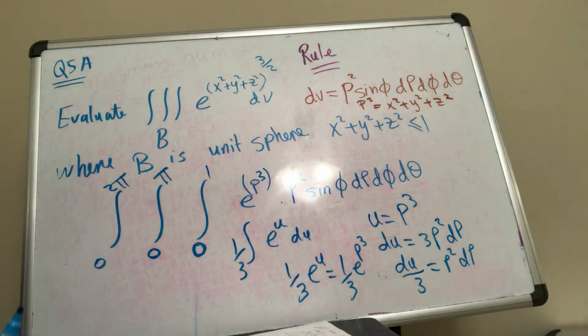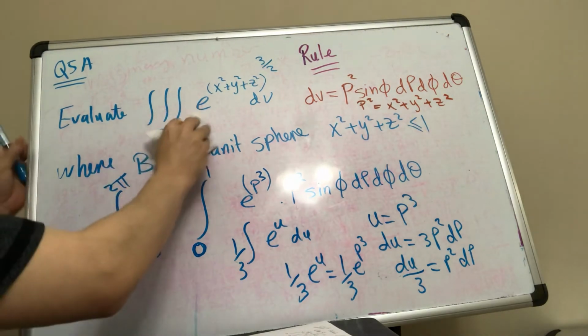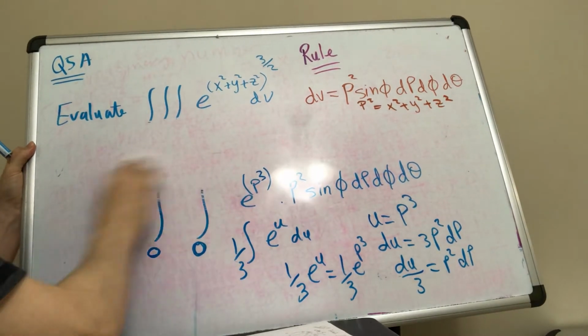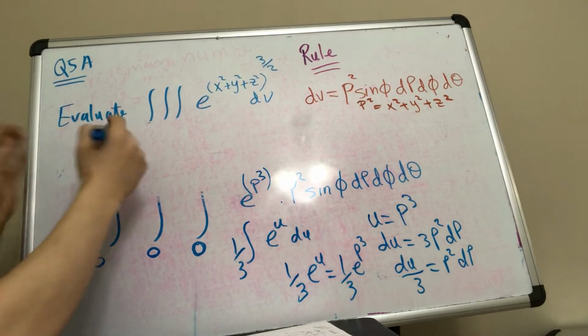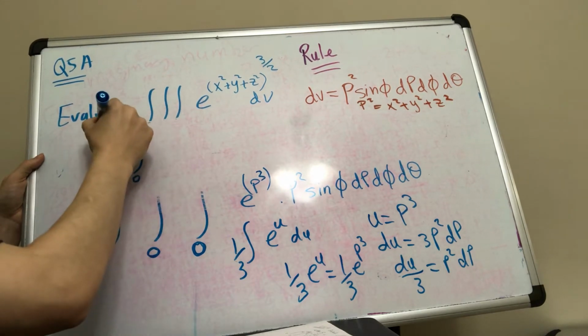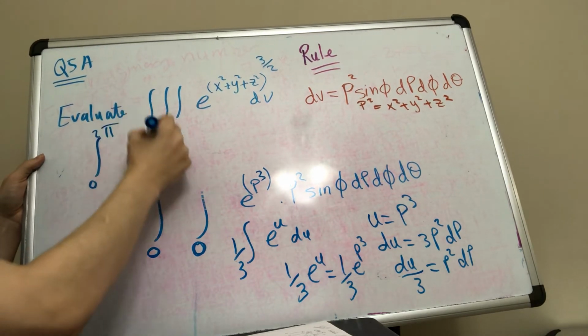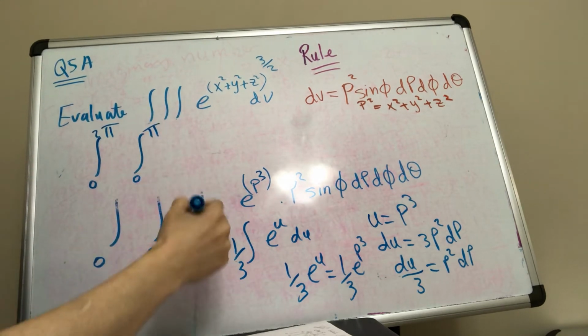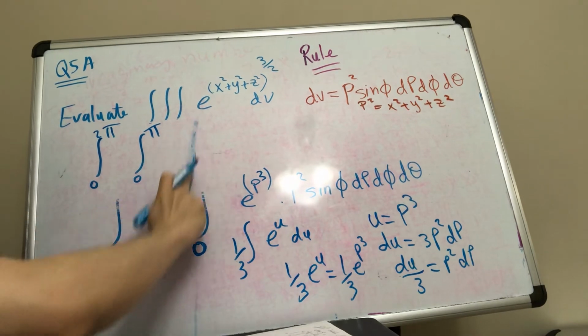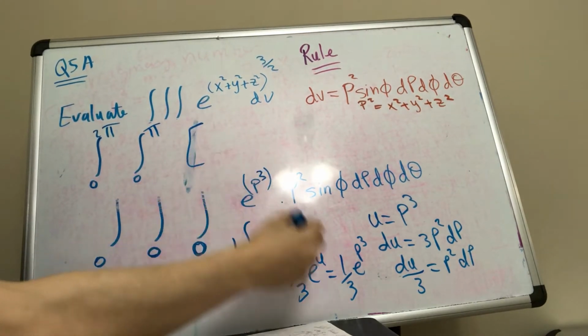So now I'm going to erase some of this. I know that I'm integrating 0 to pi, 0 to 1, but I'm going to plug in now.